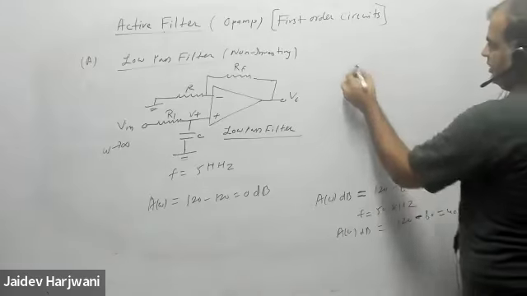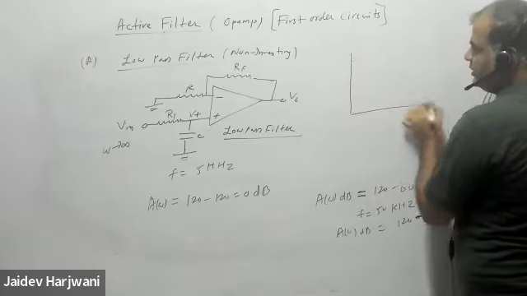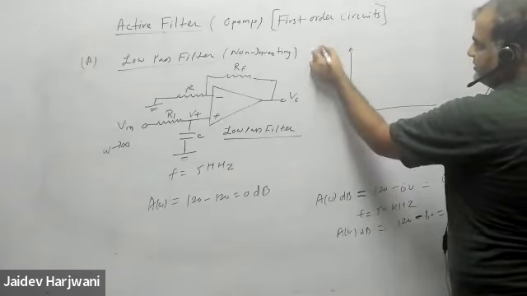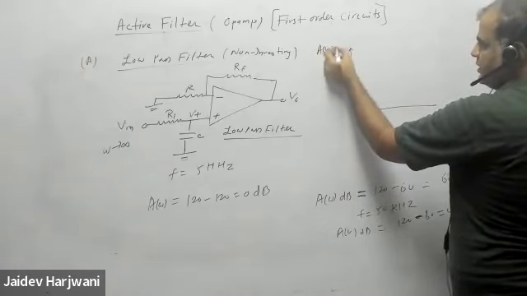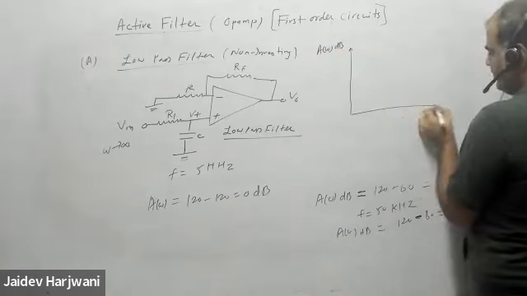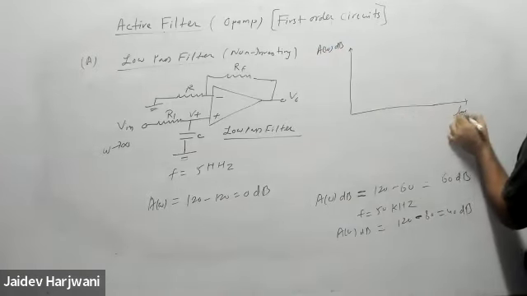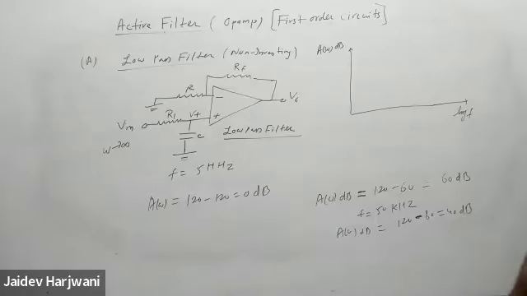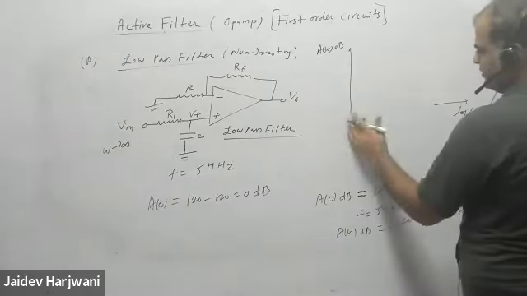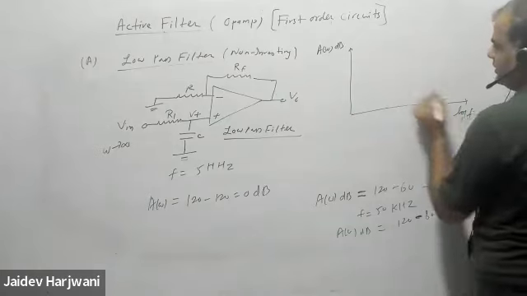So now if I plot the gain in dB, that is log scale, and I take frequency also at a log frequency, log of frequency, and if I plot this graph, what happens?